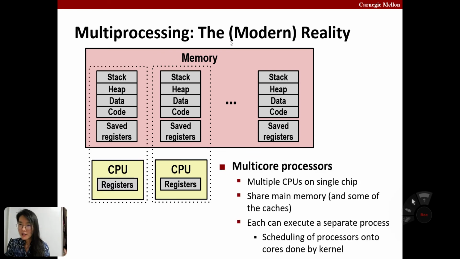However, in modern reality, the number of processors increased from a single one to multi-core processors. So multiple CPUs on a single chip share main memory and some of the caches, and each can execute a separate process. Simultaneously, each processor fully occupies each separate process, and it can schedule processes on a core-by-core basis.